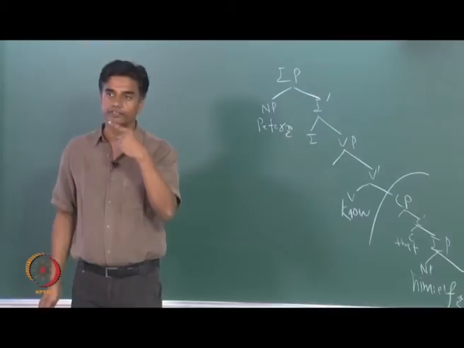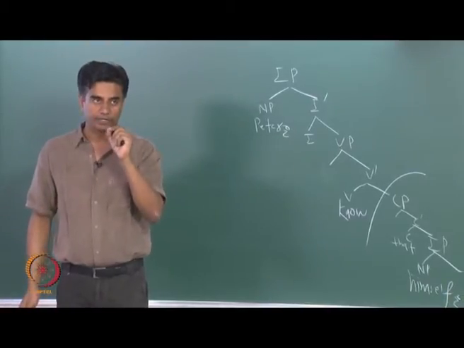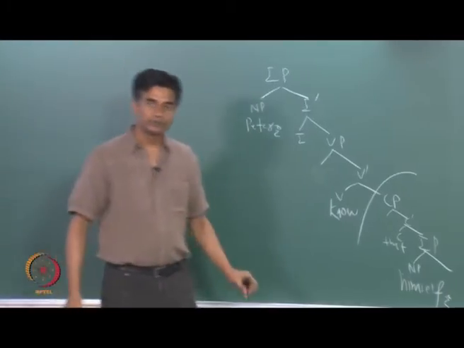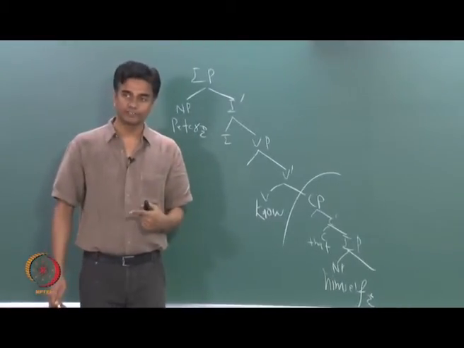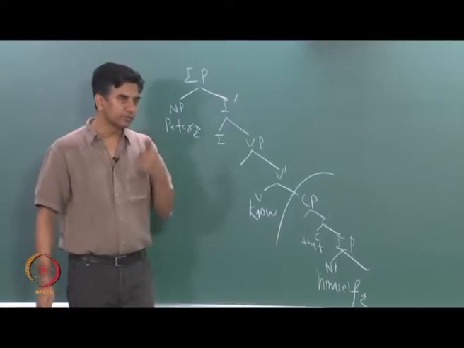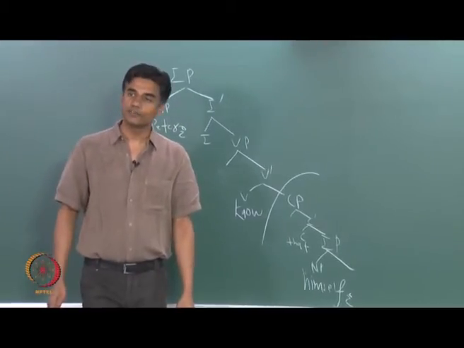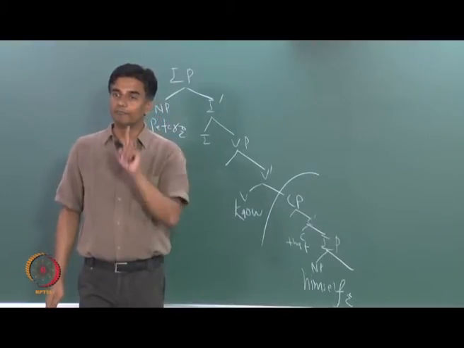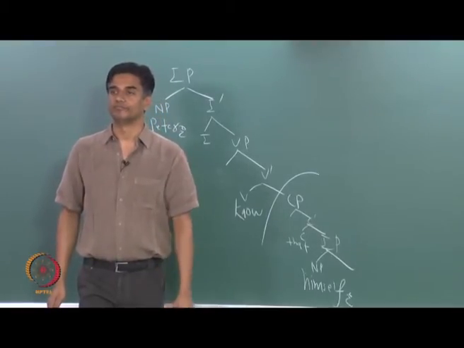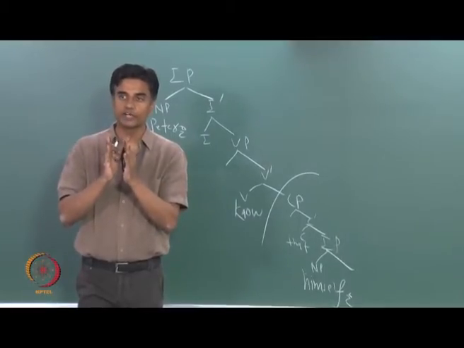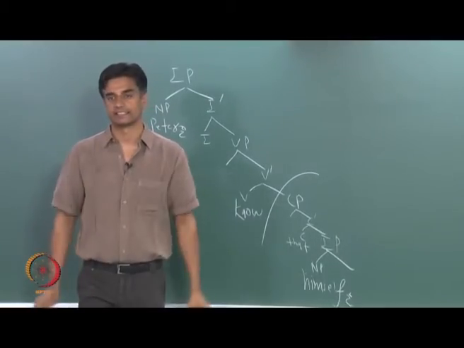You have seen C command, and if you remember, there was one more constraint on the C command. What was the constraint? The constraint was a finite IP. We talked about this constraint when we were talking about assignment of cases.